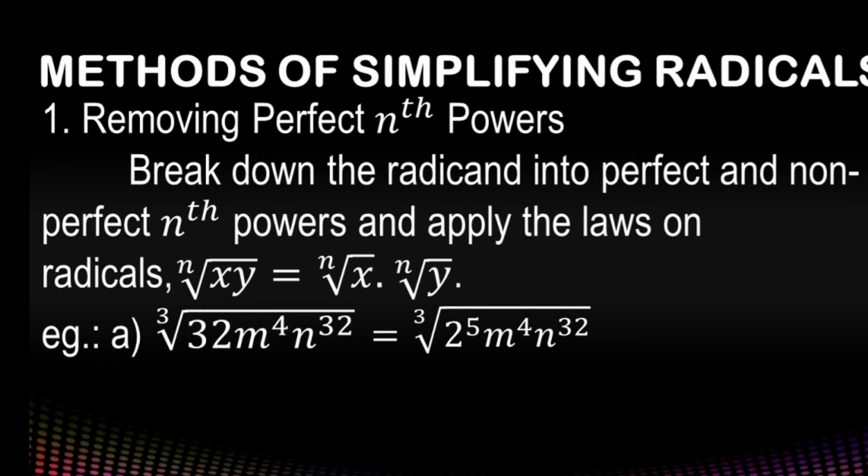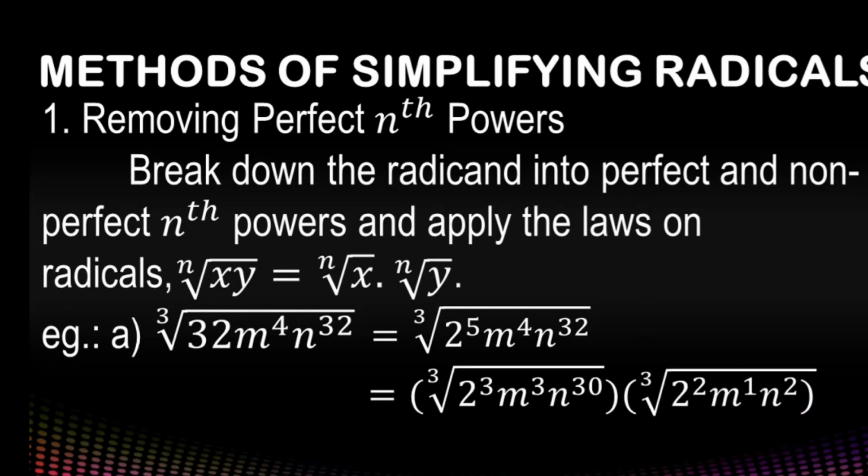So we are going to factor this in such a way that the radicand will become a perfect and non-perfect nth powers. So therefore, we have the cube root of 2 cube m cube n raised to 30 times the cube root of 2 square m raised to 1 n raised to 2.